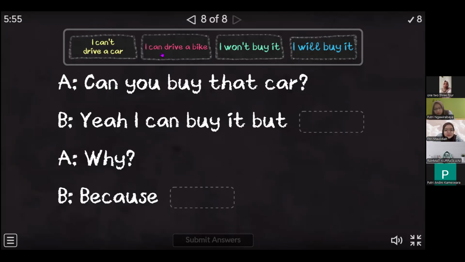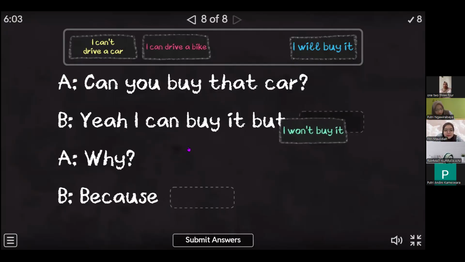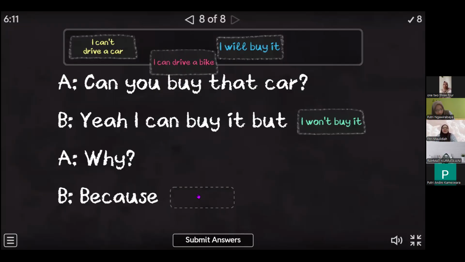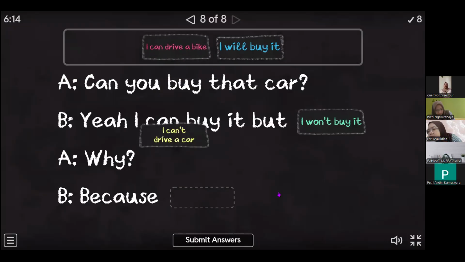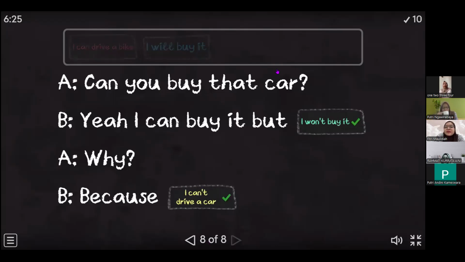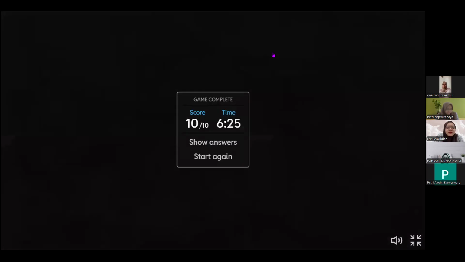Yeah, I can, but I won't buy it. Why? Because I can't drive a car. Okay, let's check together. Okay, correct, Miss Putri. Okay, our score is 10.